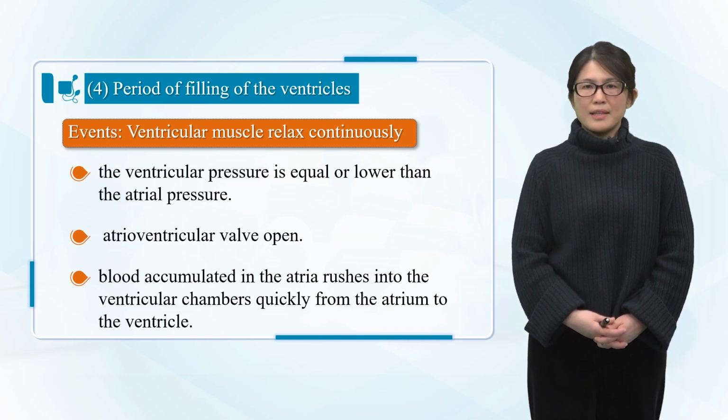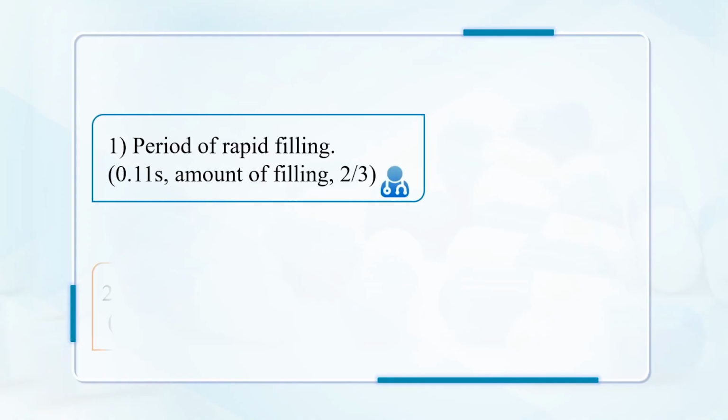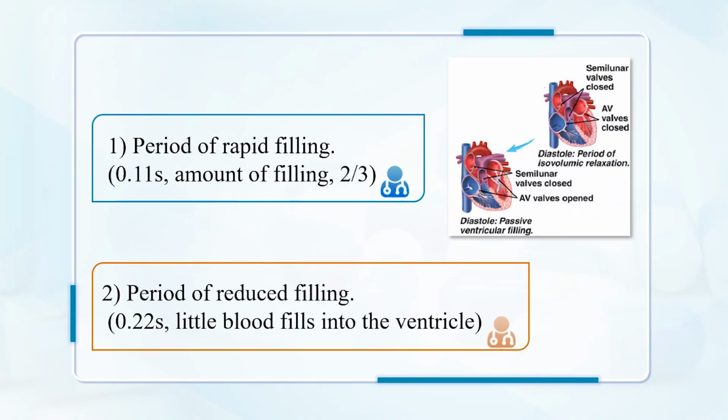A large pressure gradient is formed between the atrium and the ventricle. Blood flows into the ventricle rapidly, and the volume of the ventricle increases rapidly. So this period is called the rapid filling period and lasts about 0.11 seconds.